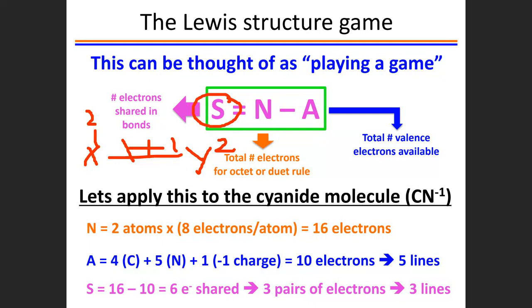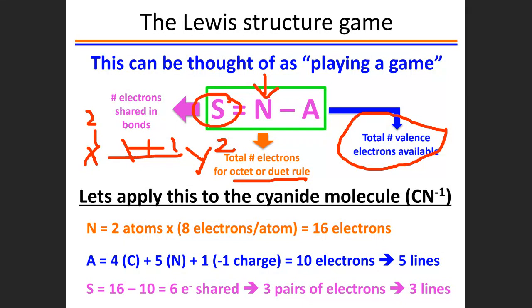So now this S is the electrons shared in a bond. N is the total number of electrons for the octet or duet rule. And here A is the total valence electrons. Valence electrons mean the number of electrons in the outer shell of any element.